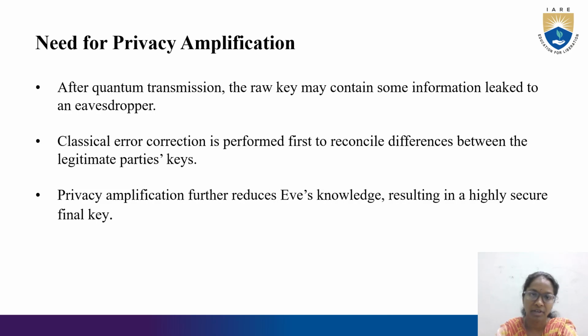Need for privacy amplification. The main reason we use amplification in quantum cryptography is that after quantum transmission, the raw key may contain some information leaked to the eavesdropper. After transmitting the information between the two parties, a third party may compromise the security and grab the information.